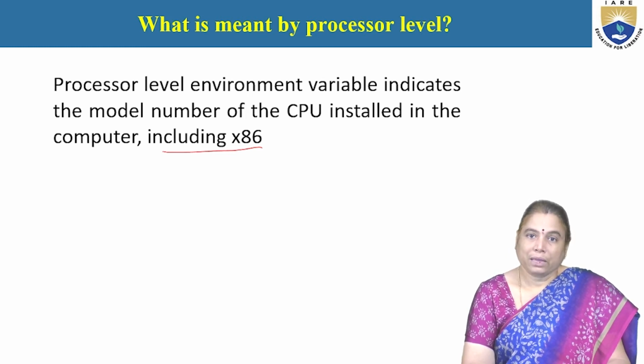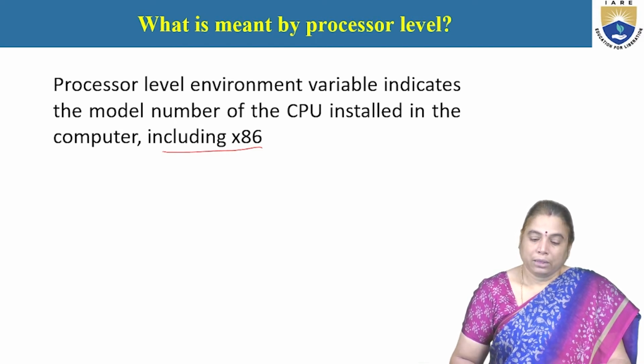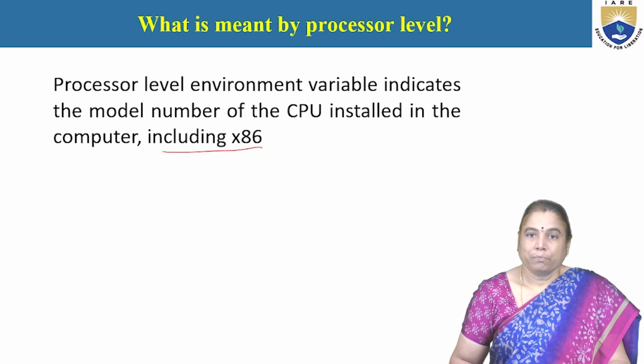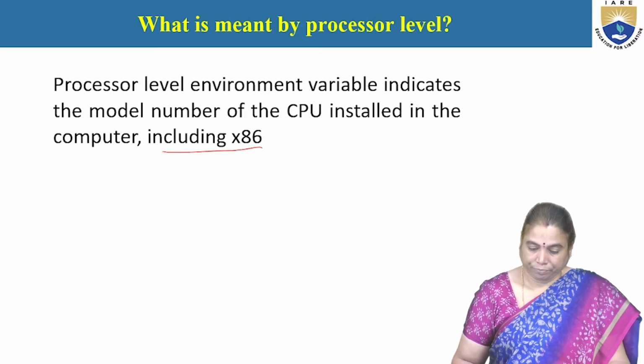They can vary from processor to processor, from 8086 to 8085, 286, 386 and so on, depending upon the processor level. These variables greatly depend upon the processor architecture.